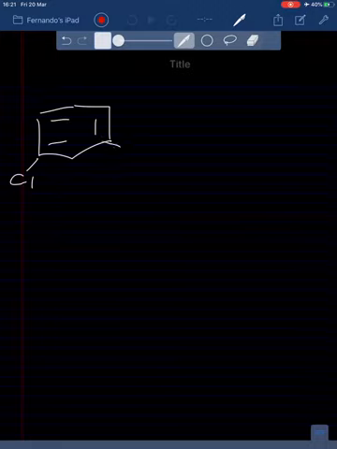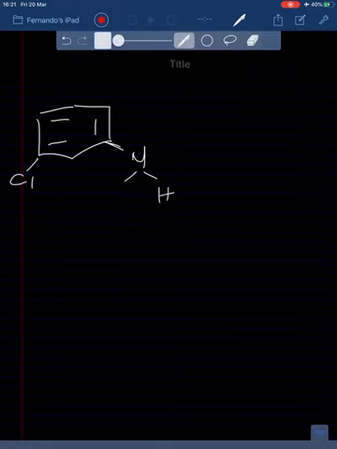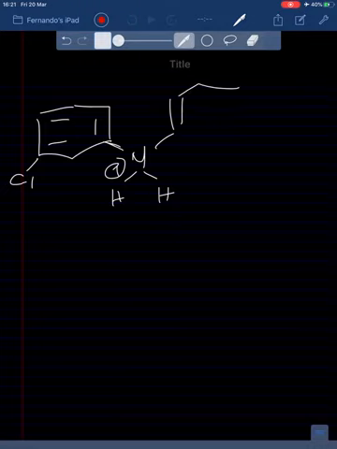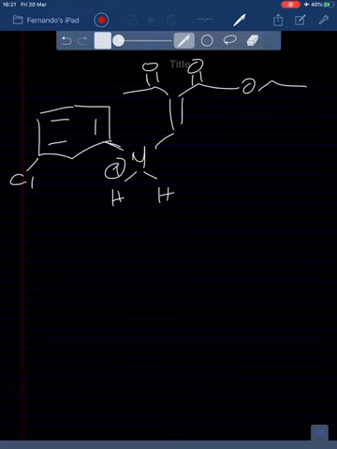Okay. And then our amine, which still is attached to two hydrogens. And what we get is something like this. So the ethanolate was substituted by what? By our amine.